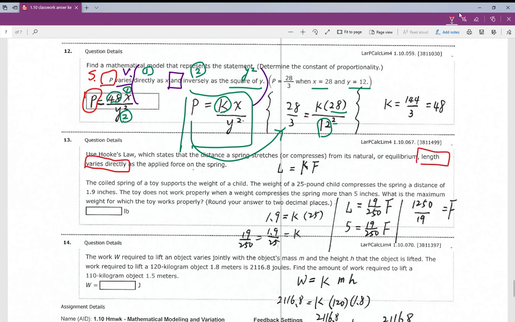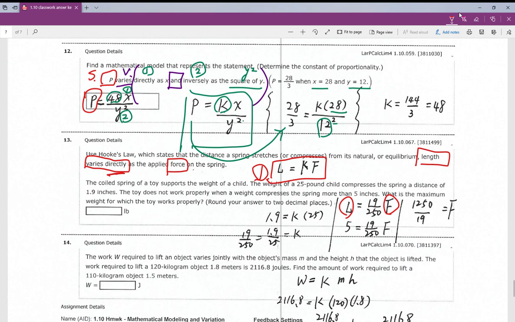Dense varies directly as the applied force. So L and F are both on the numerator because varies directly. So basically, first step, you read the question and you set up the formula.